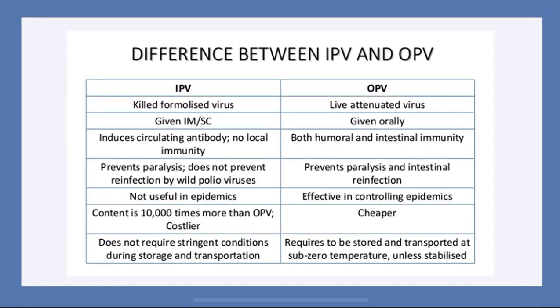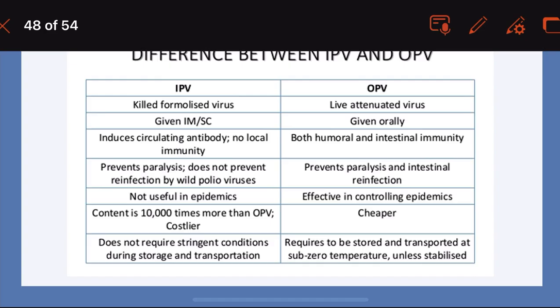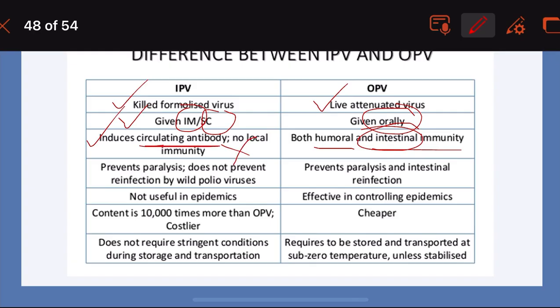So how can we differentiate between IPV and OPV? OPV is a live attenuated virus, whereas IPV is a killed formalized virus. OPV is given orally, whereas IPV can be given subcutaneously or intramuscularly. OPV provides both humoral and local intestinal immunity, whereas IPV just induces the antibodies circulating in the blood and does not provide local immunity.